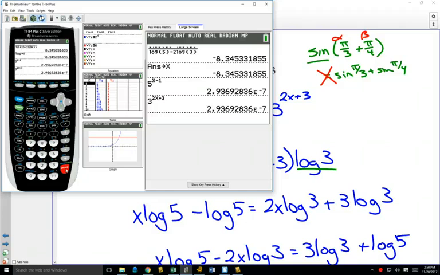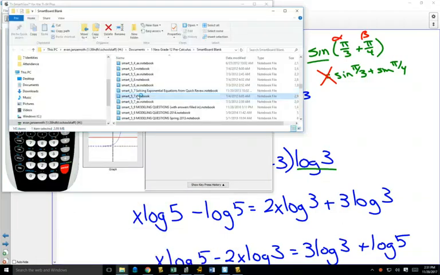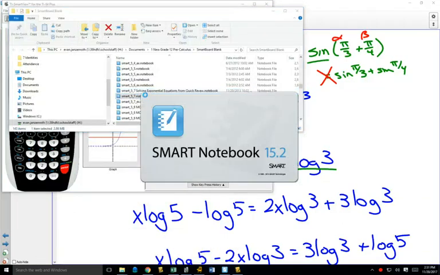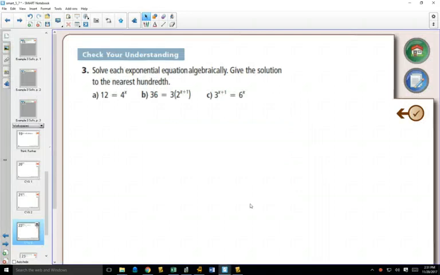We're actually going to do example number 3 first. So starting with example 3. So here's example 3.